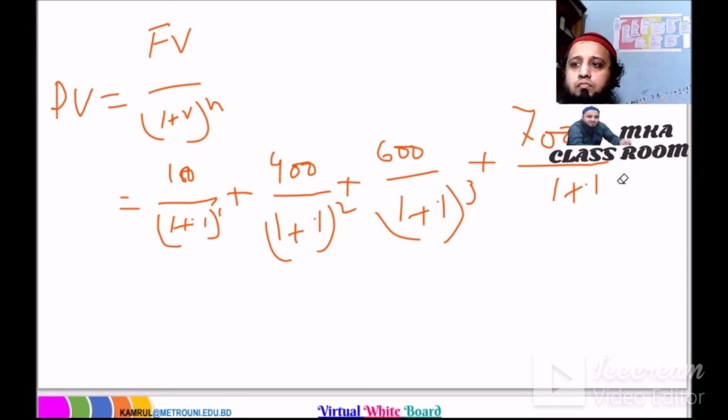Then if you press your calculator, the result will come. You can calculate 100 divided by 1 plus 0.1 power 1.